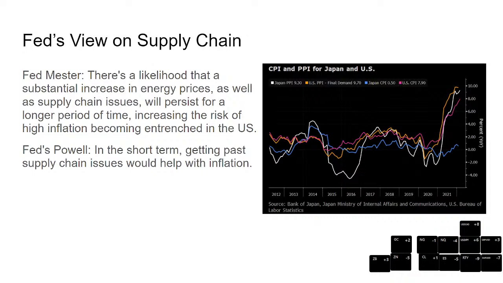So remember, as I said with PPI, if the producer price index sees higher inflation consecutively, then for those companies that buy the goods from those producers, that could be passed on to consumers.